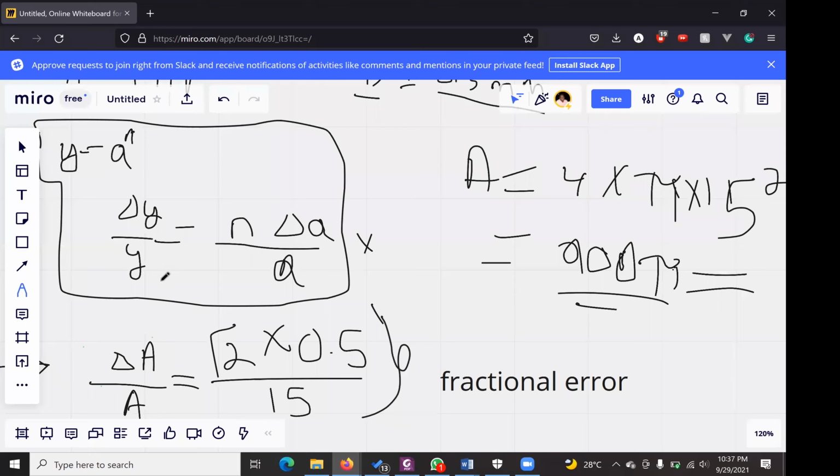A percentage error is simply the fractional error times 100.